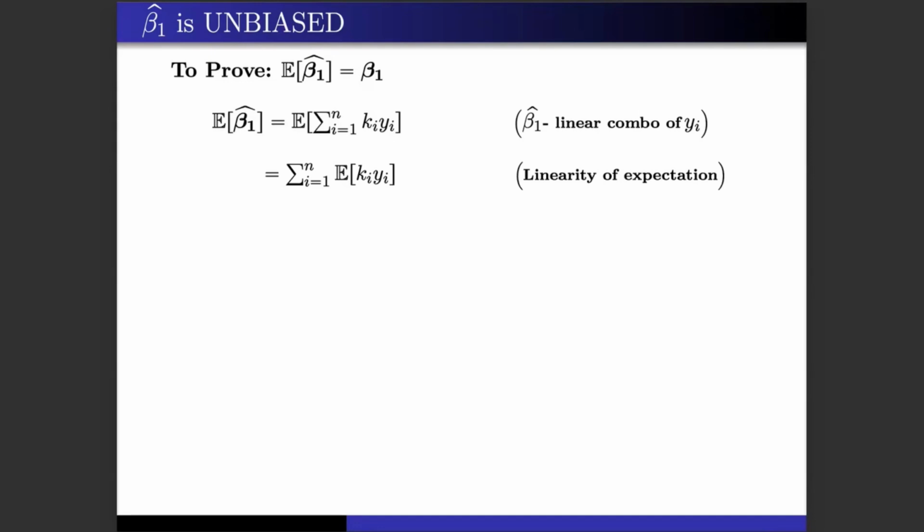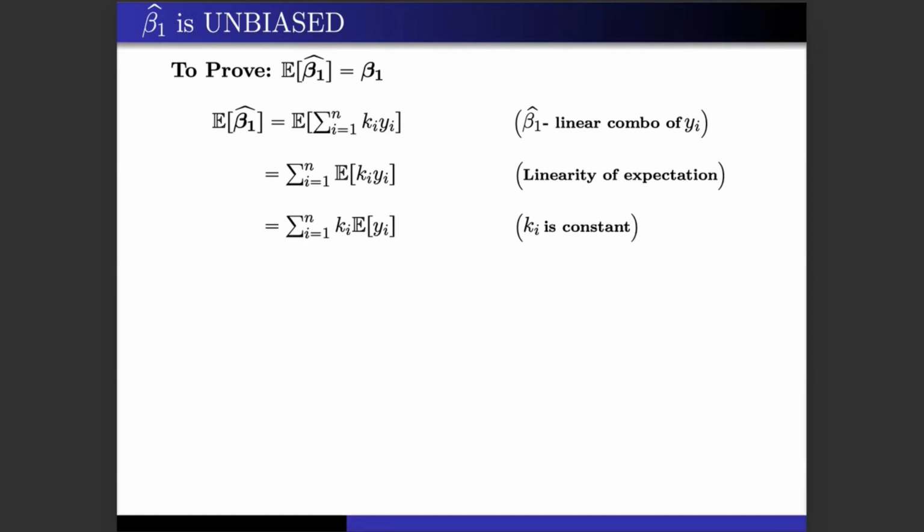In the next step, we use the linearity property of expectation, and therefore we can pull the summation sign out of the expectation, and we get summation i going from 1 to n expectation of ki yi.